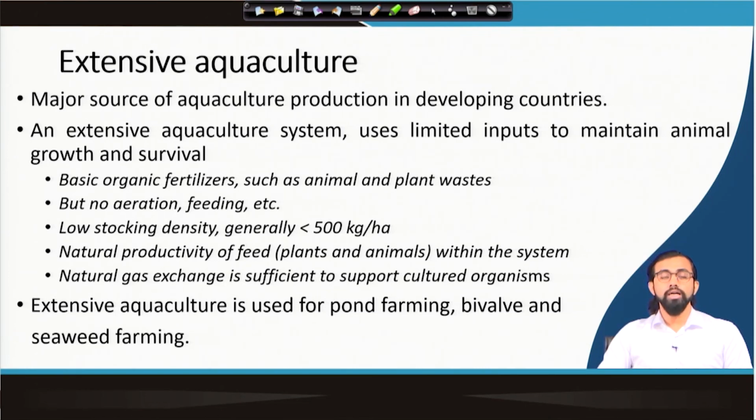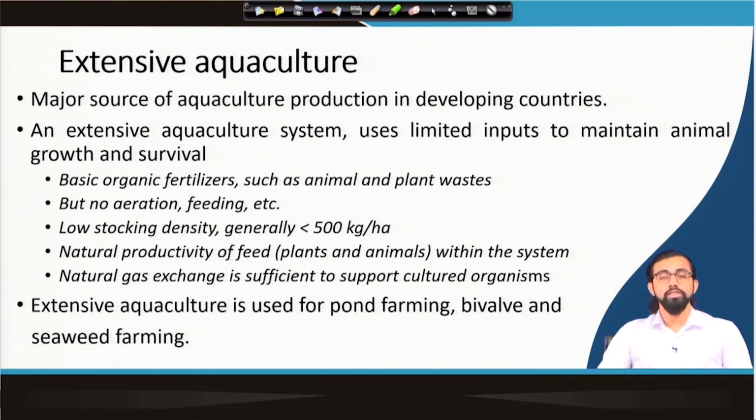We don't need to get involved much, and very minimal inputs are needed for maintaining the fishes' or aquatic species' growth and survival. Basically, in extensive aquaculture systems, very basic organic fertilizers are used from time to time, even though in most cases it's not needed, and even if it is used, it's only animal or plant waste.